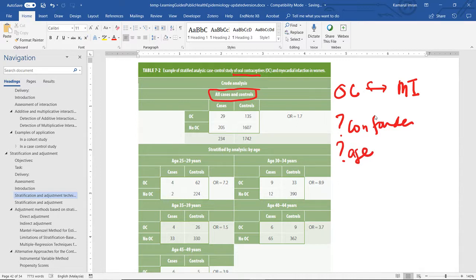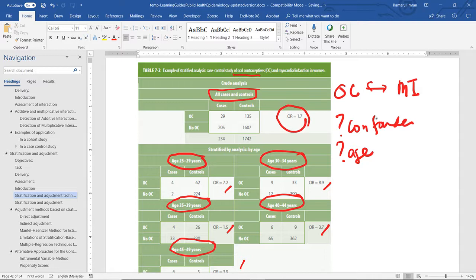If you think age is a confounder, then stratify the analysis by age. In this example, they stratify into ages 25 to 29, 30 to 34, 35 to 39, 40 to 44, 45 to 49, and you look at the odds ratio. This is the crude, and this is the stratified odds ratio.